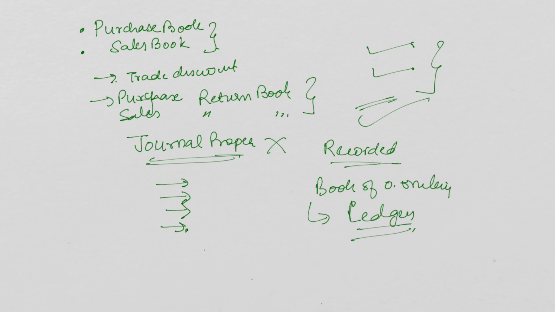This structured system forms the foundation for preparing trial balance and final accounts. If your basics of subsidiary books are clear, then the rest of accounting becomes much easier as well as more logical. So always remember, good accounting is not about memorizing entries, it's about understanding classification and flow.